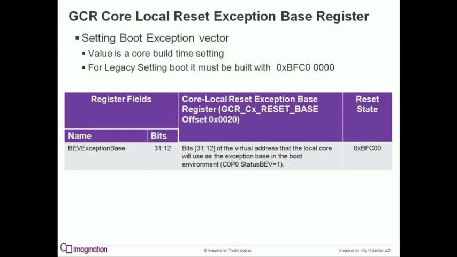For a legacy setting, the start of the boot exception vectors is located at virtual address BFC00000, set as the default state for the GCR Core Local Reset Exception Base register. If you want a core to cold boot from a different address, not legacy setting, then this register can be configured at IP configuration time for a different address.